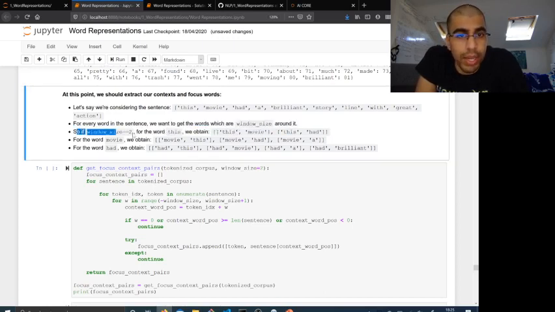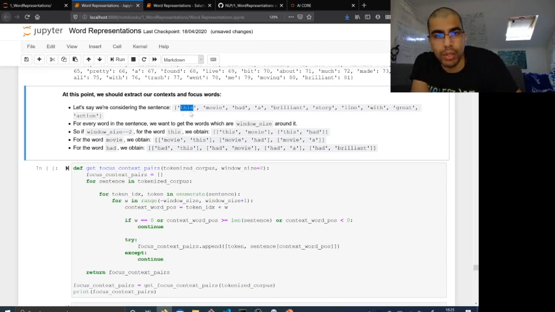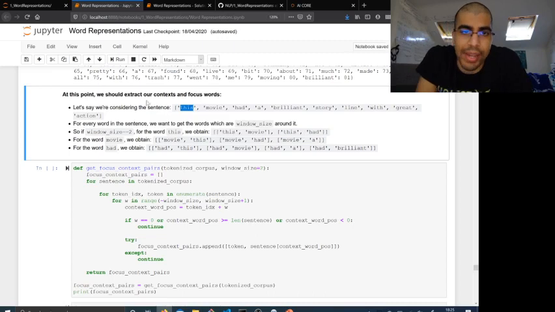So if the window size is 2, for the word this, we obtain this movie and this had. We don't have anything previous, so we just take movie and had.